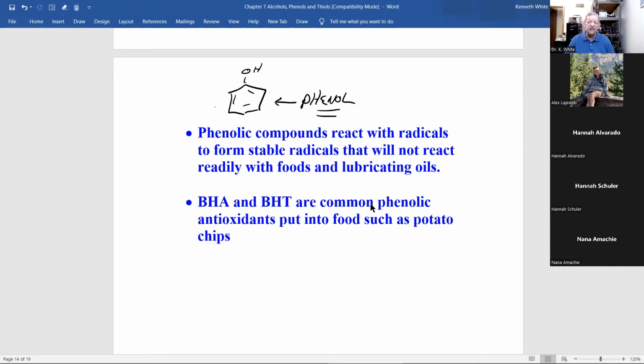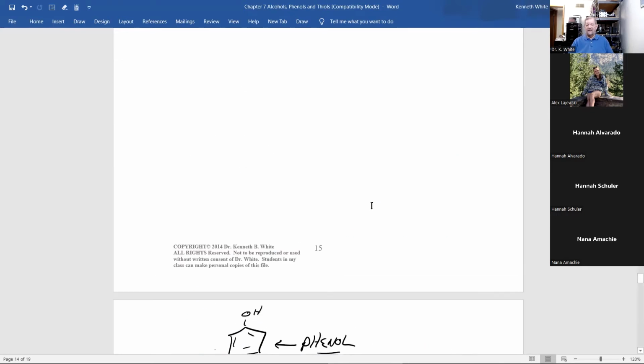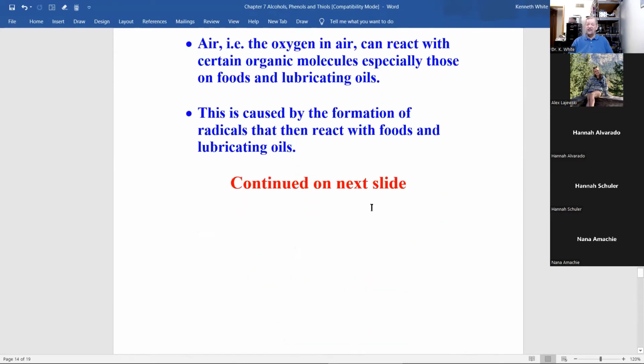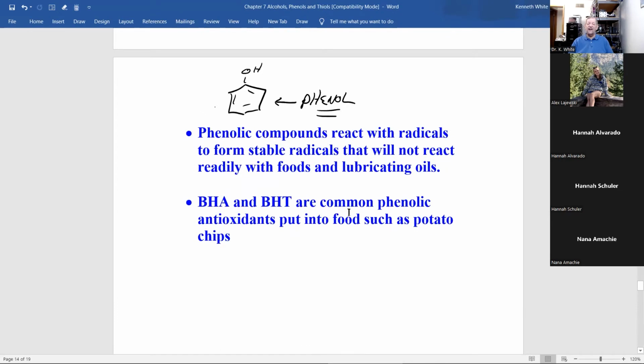And also certain vegetables are chock loaded, like spinach or green leafy stuff, with antioxidants. They have phenolic compounds in them that Mother Nature makes.